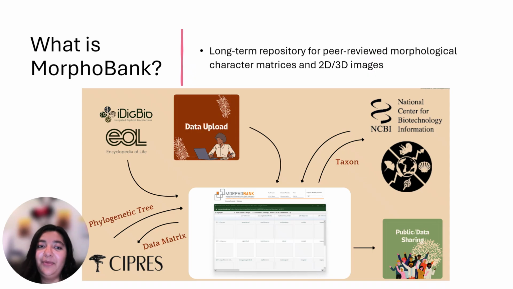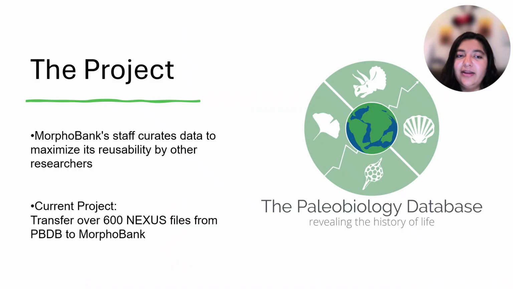And maybe once you do all of that, or even before, if you have a complete matrix, you're able to publish your data and share with everybody around the world who use MorphoBank and collaborate with your science and keep it open. And so my project at MorphoBank has been to transfer over 600 Nexus files from PBDB to MorphoBank. And these Nexus files are incomplete, and I'll talk a little bit about that in the next slide.